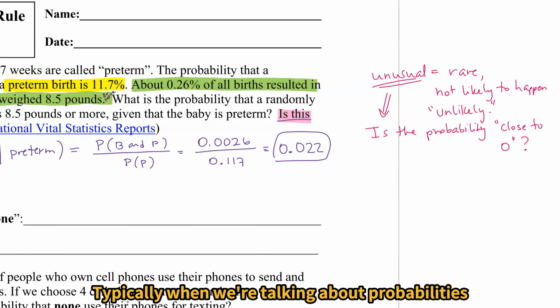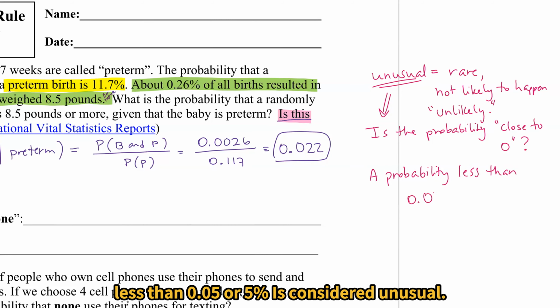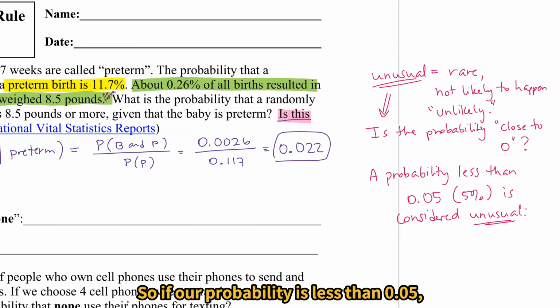Typically when we're talking about probabilities in general, we say a probability less than 0.05 or 5% is considered unusual. So if our probability is less than 0.05, we could call that probability unusual.